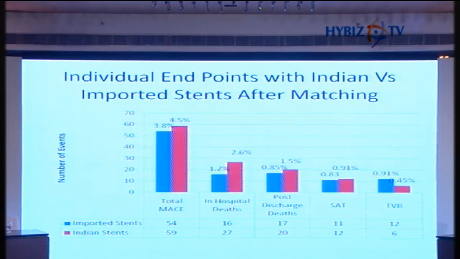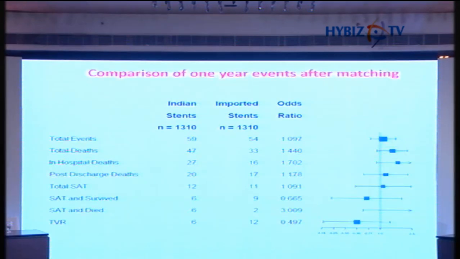You can see the various endpoints, the total MACE. Total events in the Indian stents is about 59, and imported stents is 54 out of 1,310 patients. The various MACE, including in-hospital deaths, post-discharge deaths, subacute thrombus and target vessel revascularization, there is not much of difference in both groups. Here you can see the odds ratio.